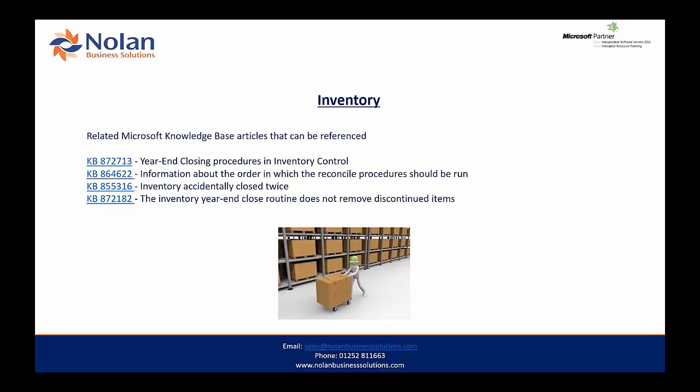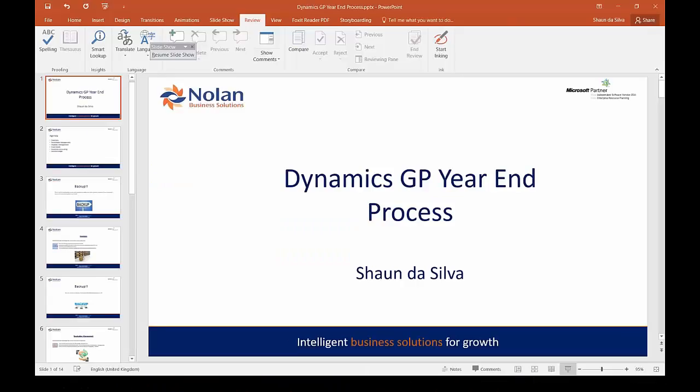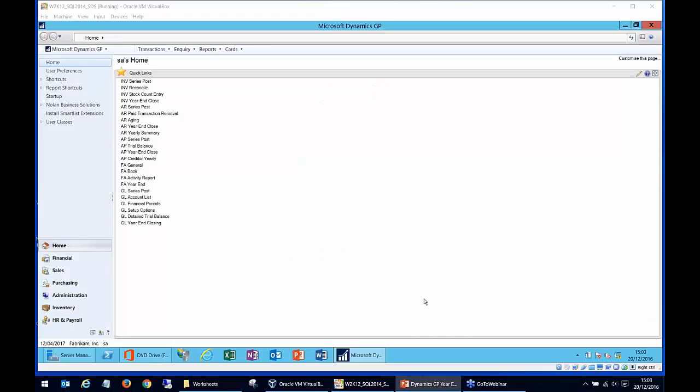So if I jump to Dynamics, for every module, the first thing to start off with as part of a year-end is to post all the transactions that are required to be posted before doing any kind of year-end routine.